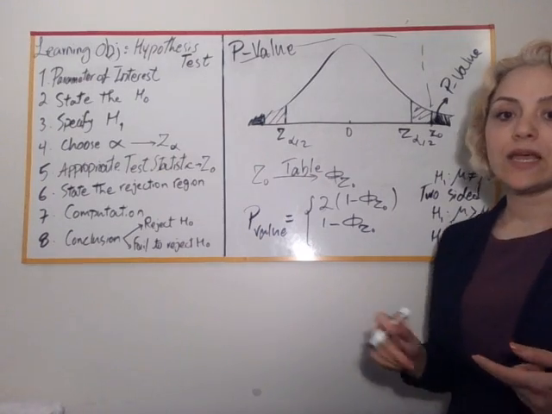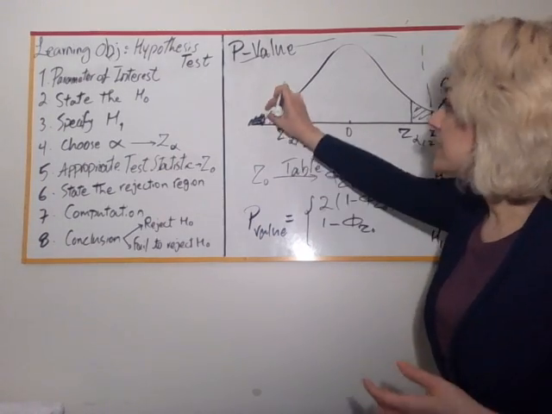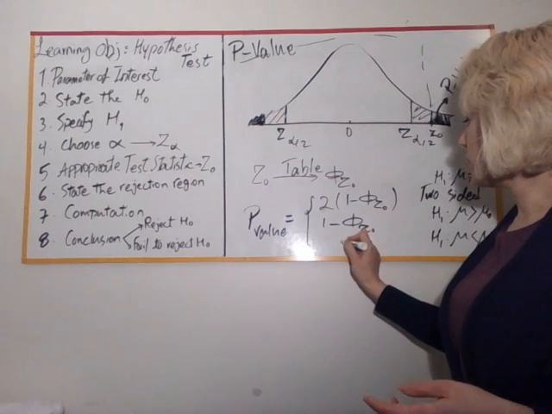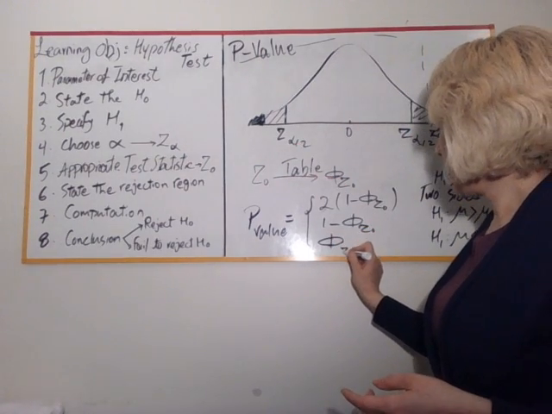In that case, my p-value is 1 minus phi at z0. If it was the lower tail, meaning mu was less than mu null, my p-value would be phi at z0.